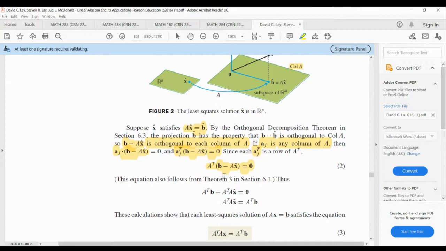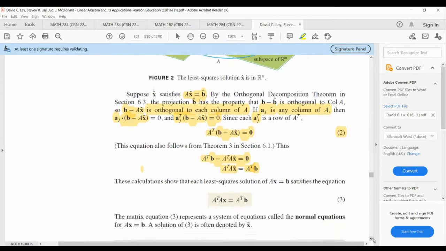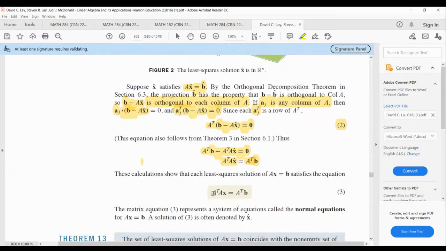Since matrix multiplication is distributive, we can write this second matrix equation as A transpose times A times x hat equals A transpose times the vector b. And I can solve that system of equations.